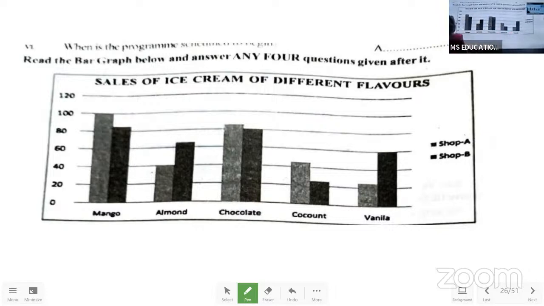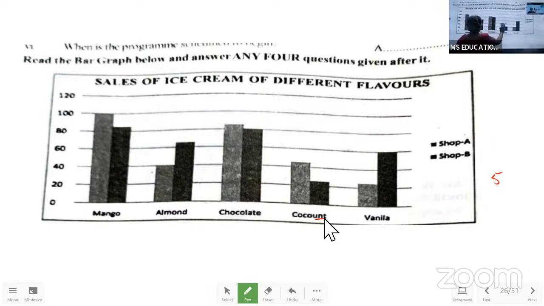This is a bar graph that shows the sales of ice cream of different flavors. How many flavors are there? There are 5. So at a glance, you know there are 5 flavors: mango, almond, chocolate, coconut, and vanilla.